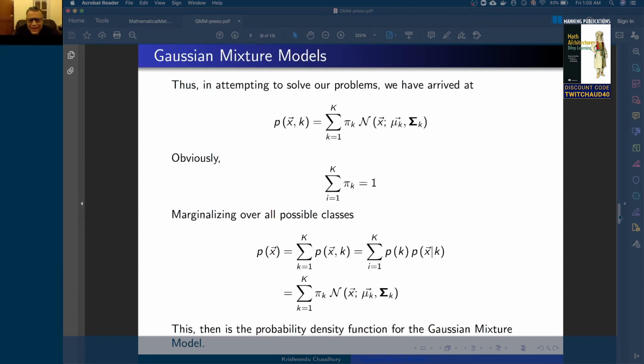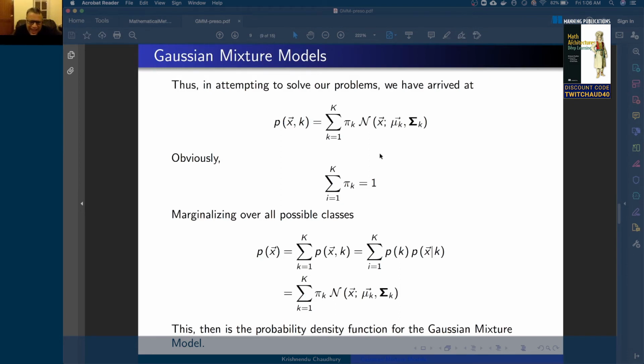So in attempting to solve this problem, we have come to the point that we have expressed the joint probability of x and k together, look at the top formula, as basically a weighted sum of individual Gaussians.